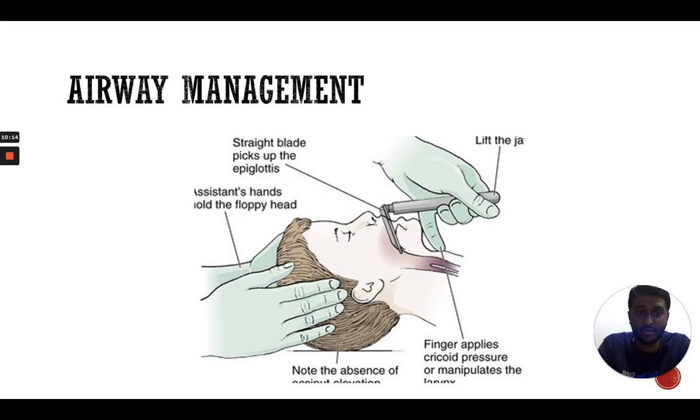Okay, so now we know what are the conditions which can affect pediatric airway. Now we will look into the management of airway itself. Okay, if you look at the picture here, you will see a few things different from adult airway management.